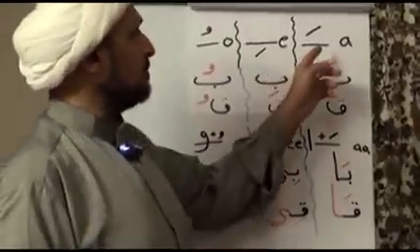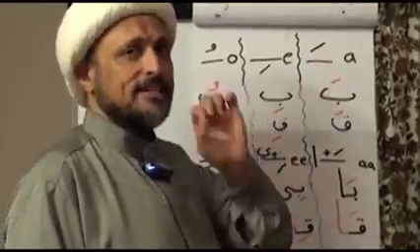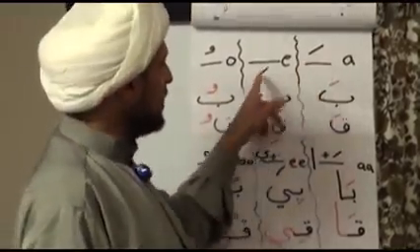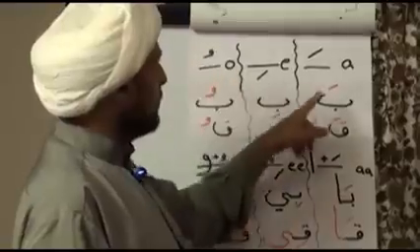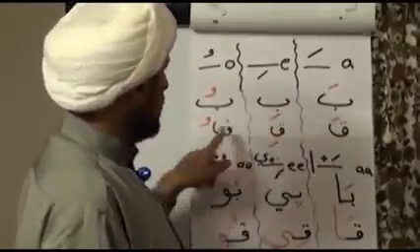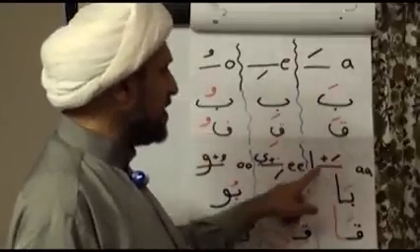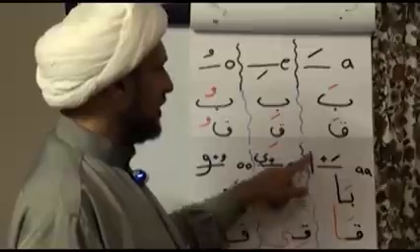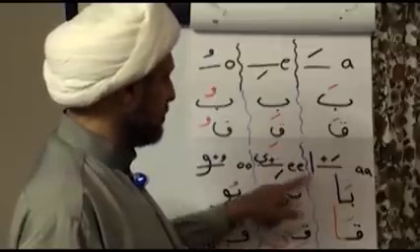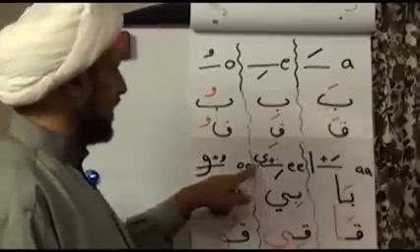So as you can see, short vowels are represented by signs. A, e, o. Ba, bi, bu. Qa, qi, qu. Long vowels are represented by a sign plus the alphabetical vowel letter.